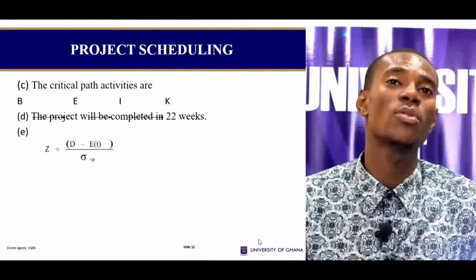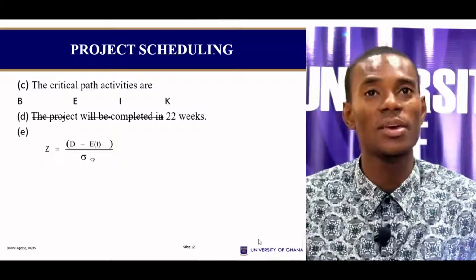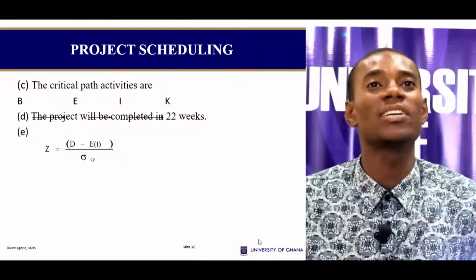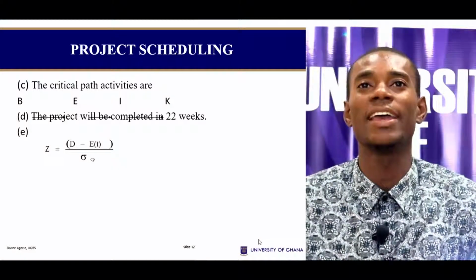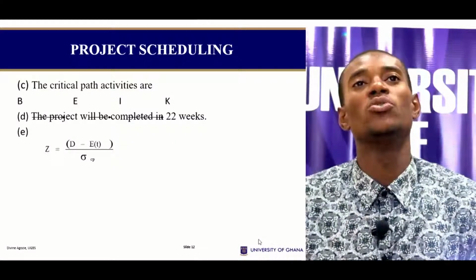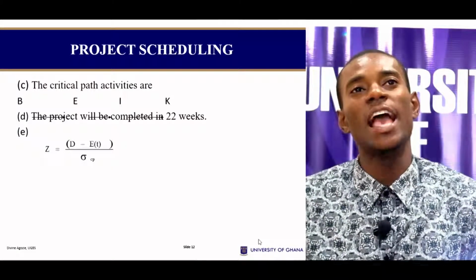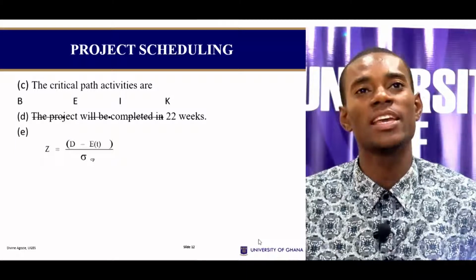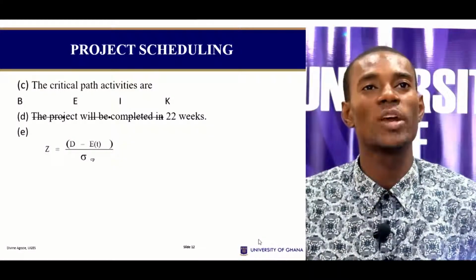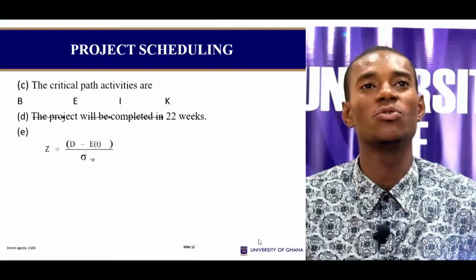If you list all the paths in the network diagram and sum the durations, the highest would come from B, E, I, and K. So you take these activities and do B minus A over 6, all squared, for each of them, and that will give you the activity variance.